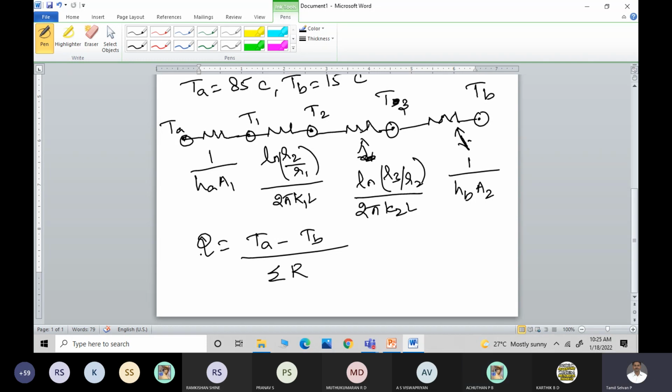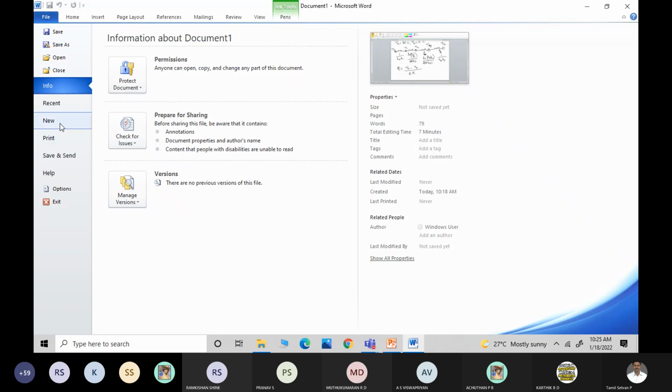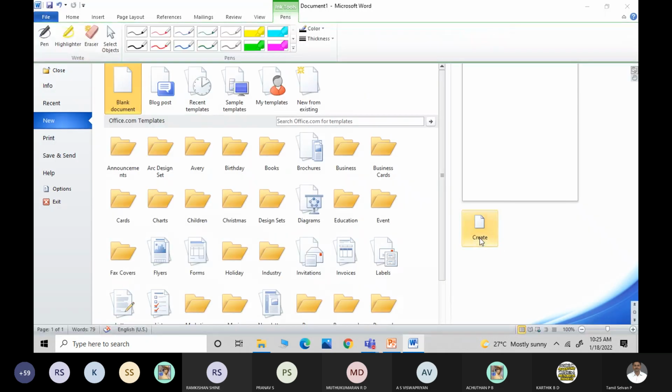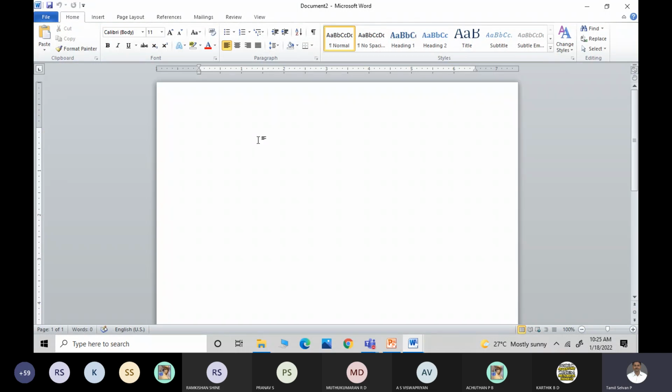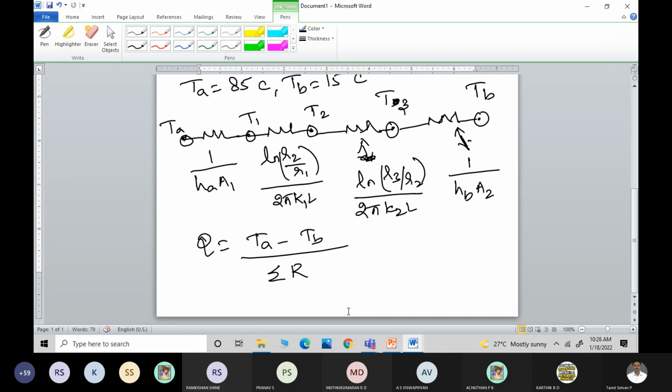Okay, ma. Now, let me take the second page. First resistance, the first one, is the convective resistance, right?